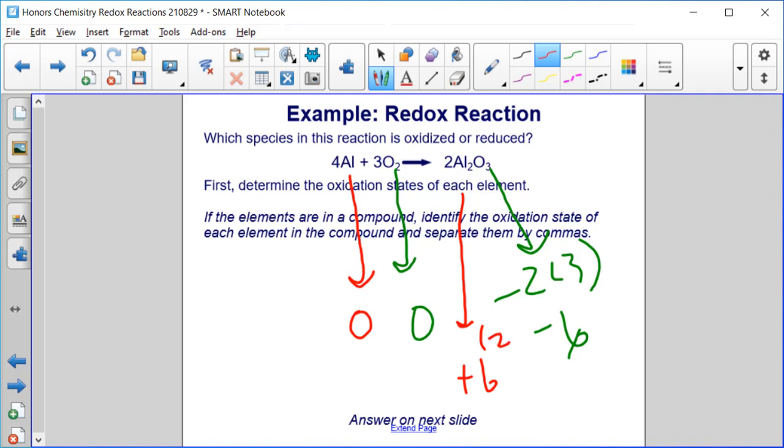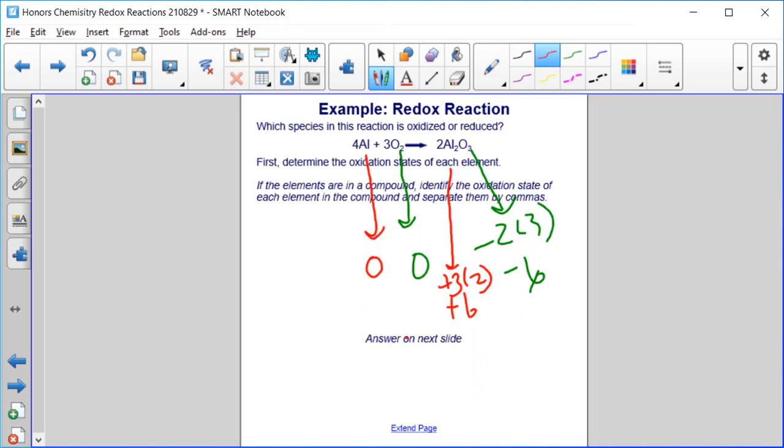Now I have 2 atoms. What would the oxidation state have to be in order for 2 atoms to contribute +6? So it would have to be +3. So the aluminum goes from 0 to +3, and the oxygen goes from 0 to -2.